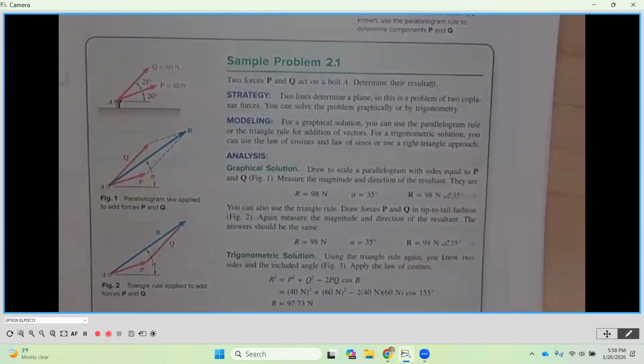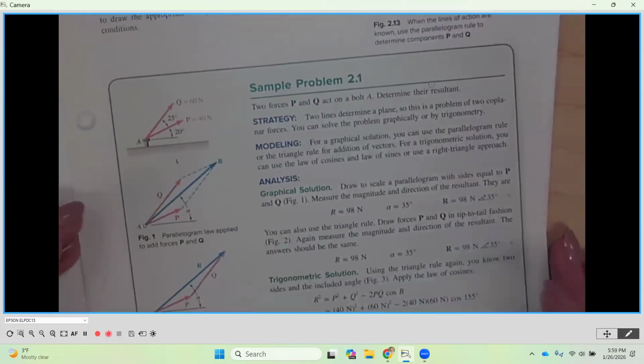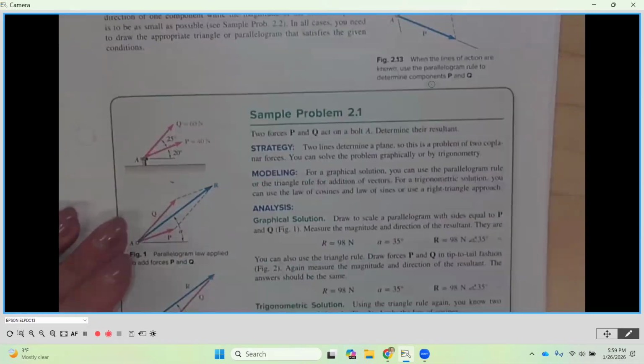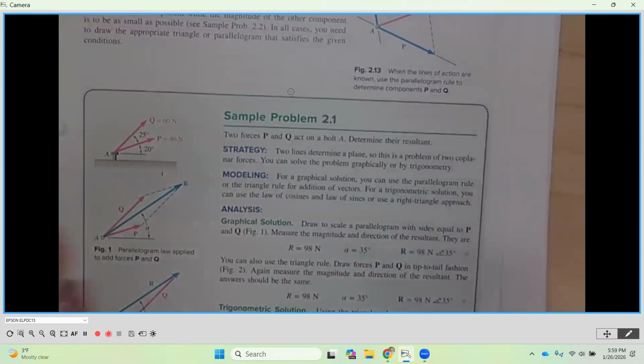So we want to determine the one force that is going to have the same net effect on that bolt as these 2 separate forces. Now, step number 1 is to draw a little diagram to define our problem. As we move along, we're going to call these free body diagrams. Officially they're not just yet. They don't introduce that in the book, but that's what they are. We're always going to draw a nice little free body diagram.